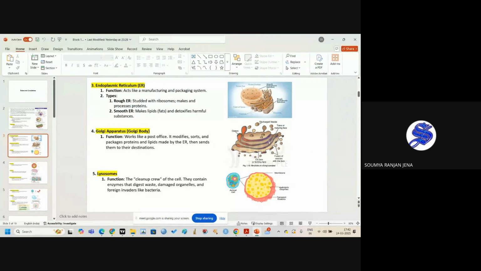Suppose a protein is targeted to the lysosome. How does it go to the lysosome? After packaging inside the Golgi body, it is sorted and transported to the lysosome, mitochondria, peroxisome, or outside the cell through small vesicles.